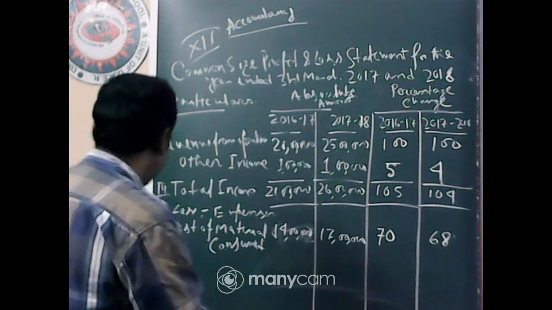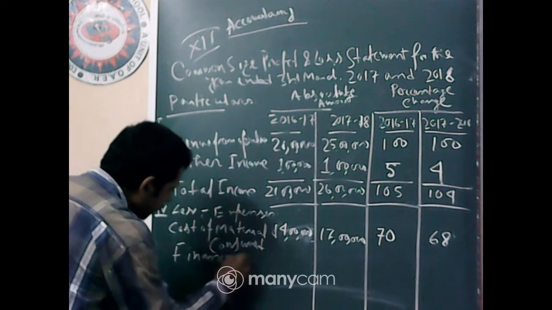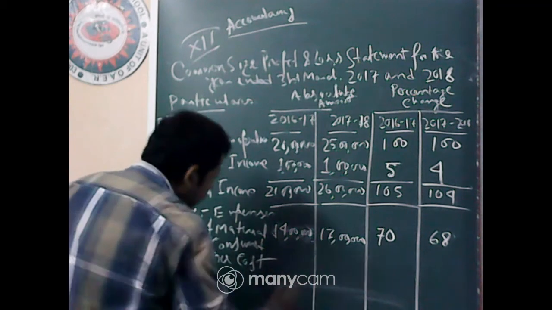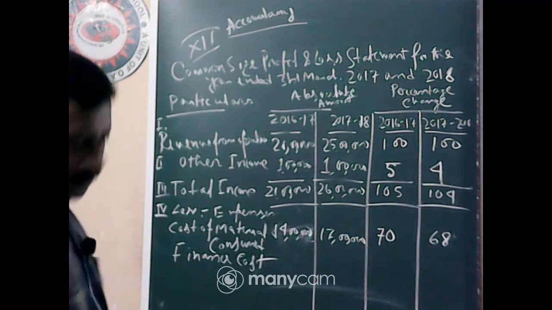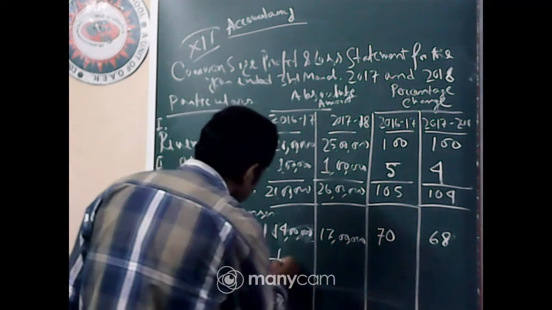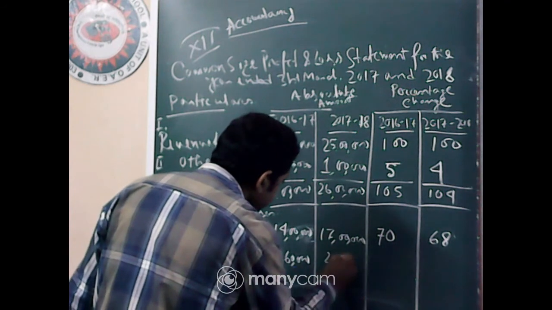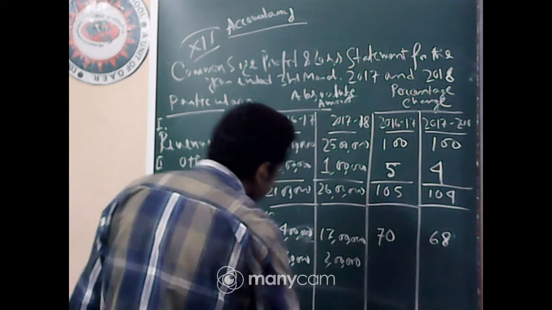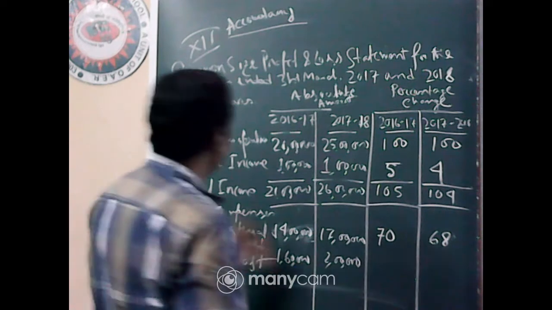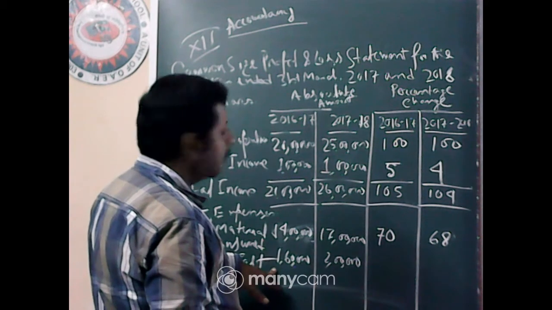Now next is finance cost. What is the figure? There is 1,60,000 and 2 lakh. Now again you have to do the same thing, that is, what is the percentage against revenue from operation?